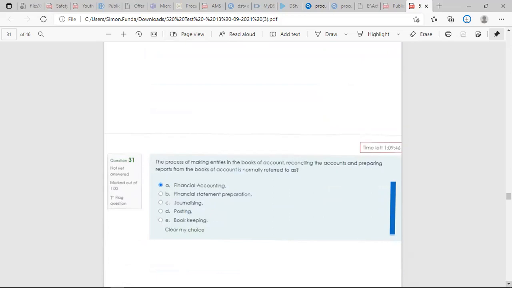Okay, number 31, the process of making entries in the books of accounts, reconciling the accounts and preparing the reports from the books of accounts is normally referred to as. Okay, so this is financial accounting.